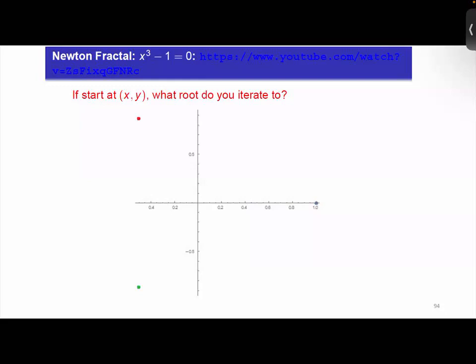Is every point with x greater than 0 closest to blue? Only if y is 0. So maybe on the x-axis, all the positive numbers get colored blue. I can buy that. Can you give me a point that has positive x coordinate that's not closest to blue?